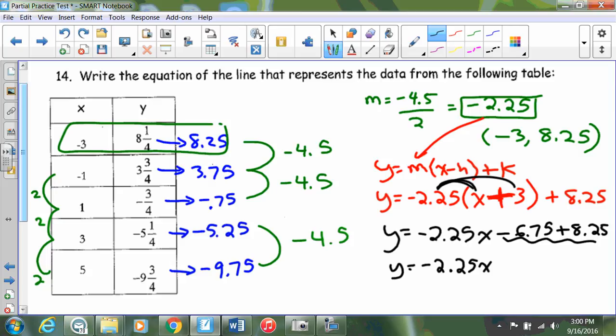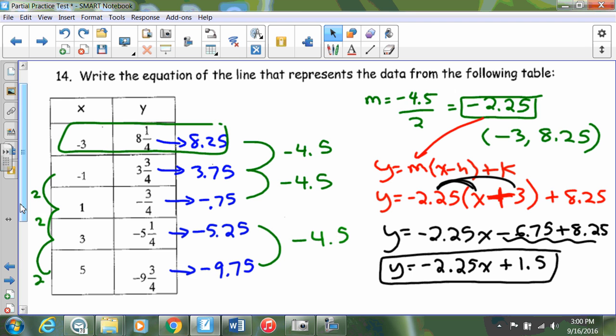Negative 6.75, and we add an 8.25. We get a positive 1.5. That is the name of the line that this table, this crazy table, represents.